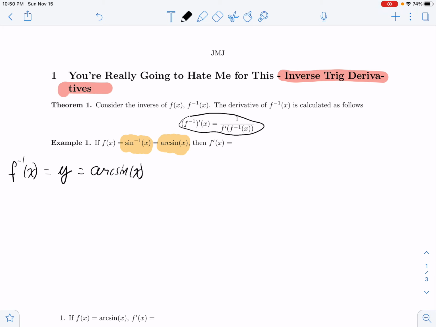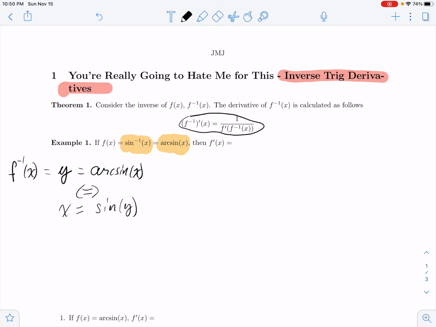If you remember, what this means is the inverse of sine. This is the thing that when I plug y into sine, I get x as an answer, which I can write down as this is equivalent to x equals sine of y, which we'll use in a second.